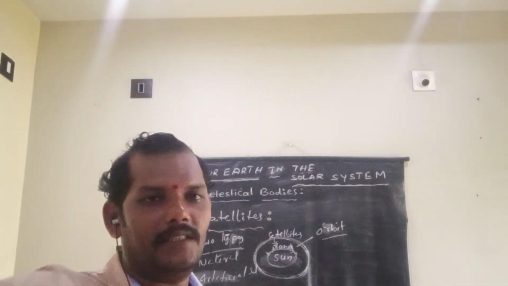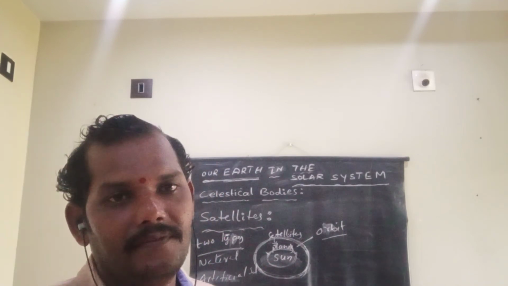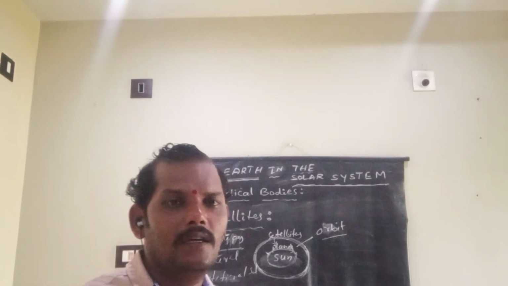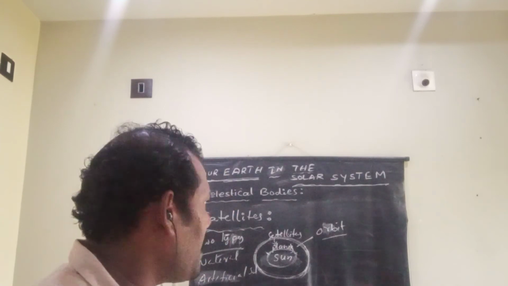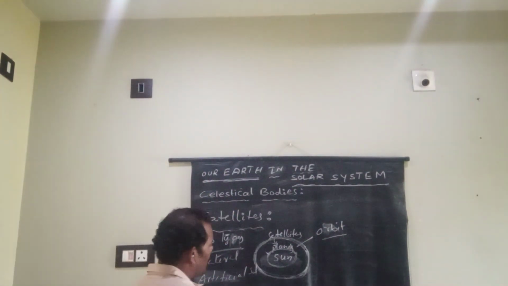Natural satellites are those formed naturally, that means at the time of the origin of the universe. Actually, how many planets do we have?